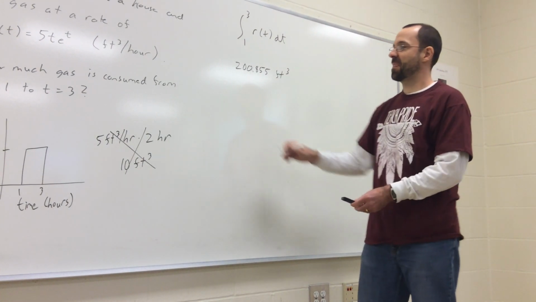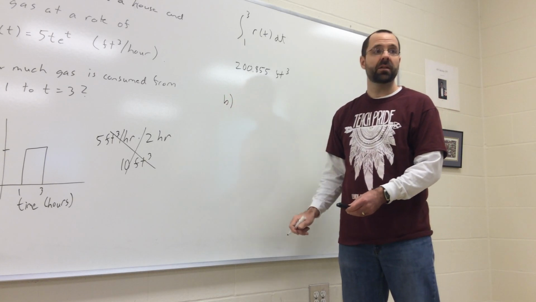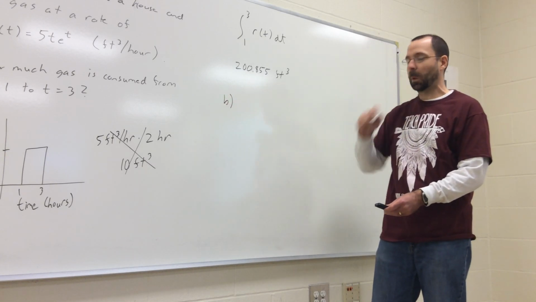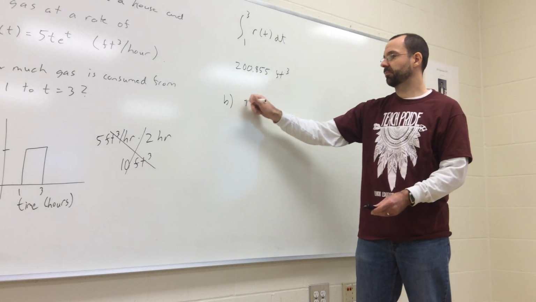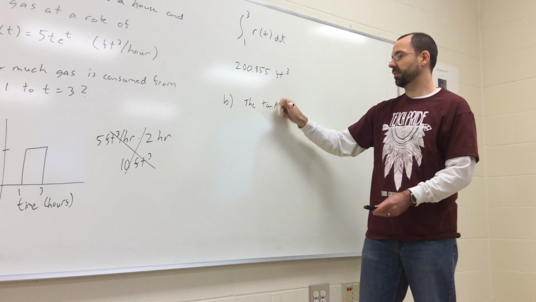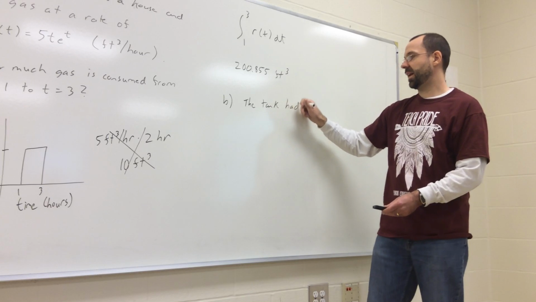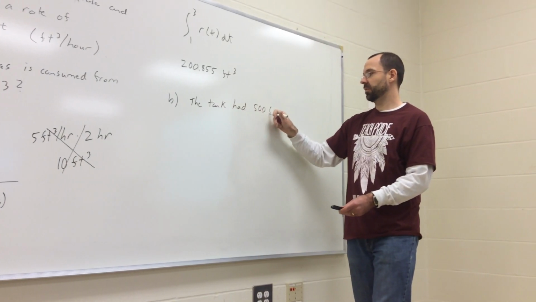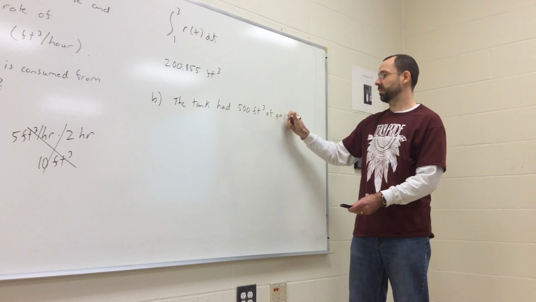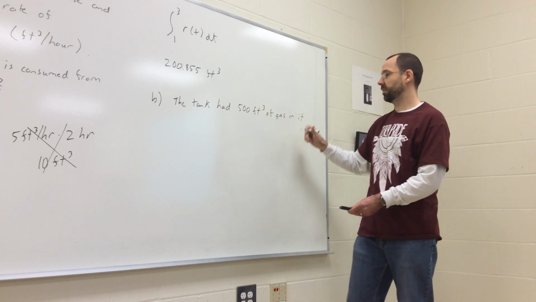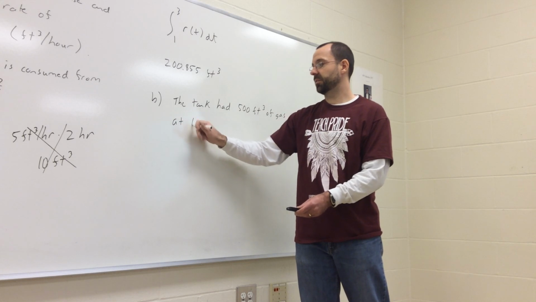Okay. So now for part B, the question is going to be, the tank had 500 cubic feet of gas in it at t equals 1.